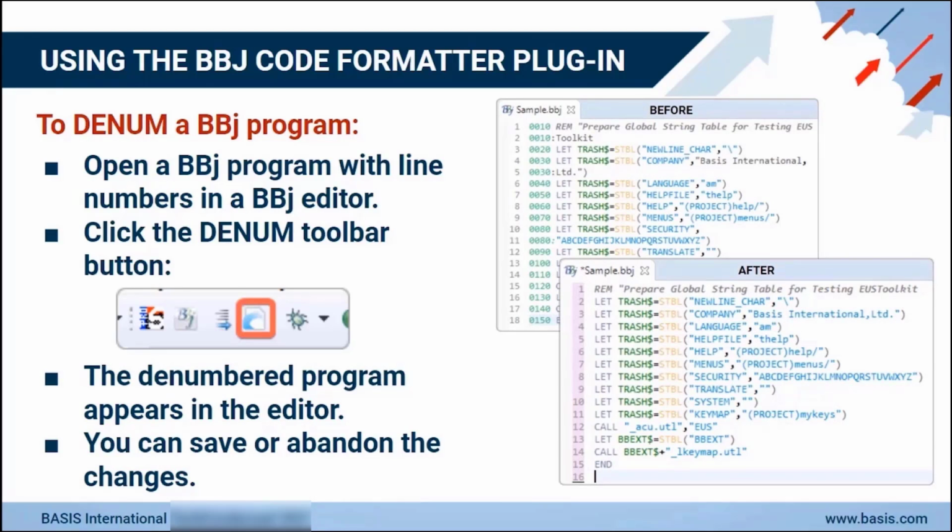You can save or abandon those changes. If you look on the right, we have the before and after. So the before box at the top clearly has BBJ line numbers in the code, and the after box below that clearly no longer has BBJ line numbers.